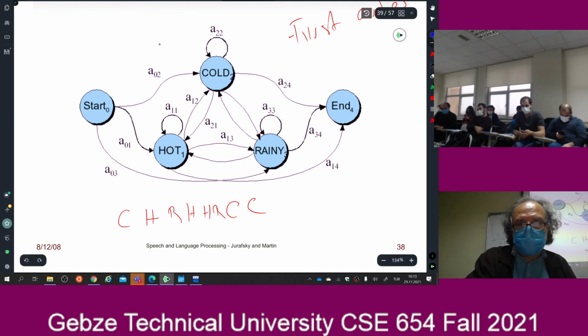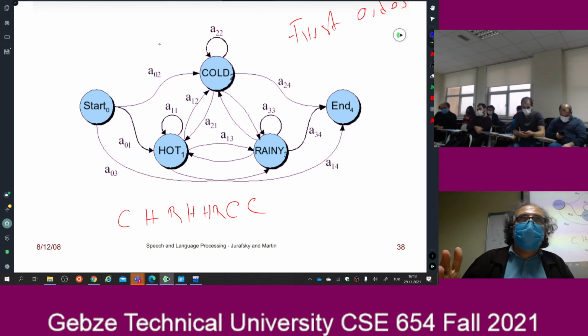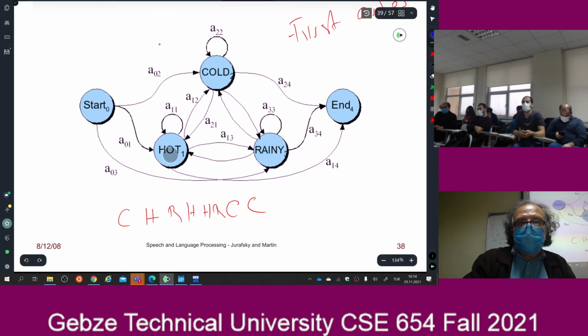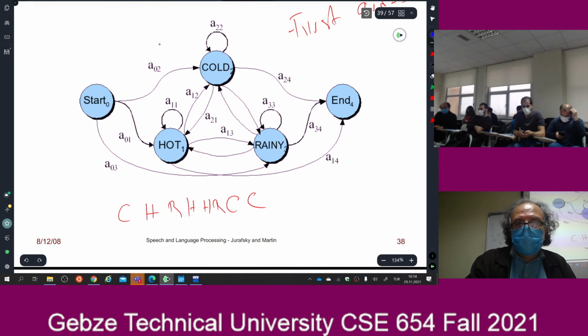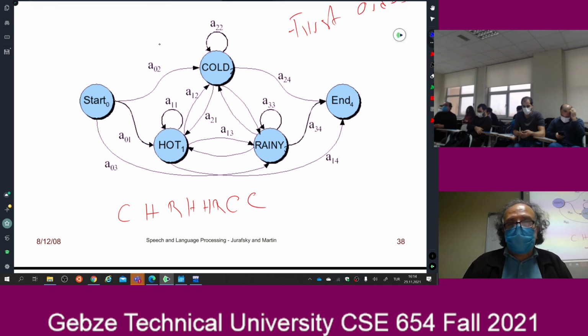Given any day, what would be the possibility of it being cold or hot or rainy? That's the start of it. And then after a hot day, what is the possibility of having a rainy day, or having a cold day, or having another hot day? These are the transition probabilities.